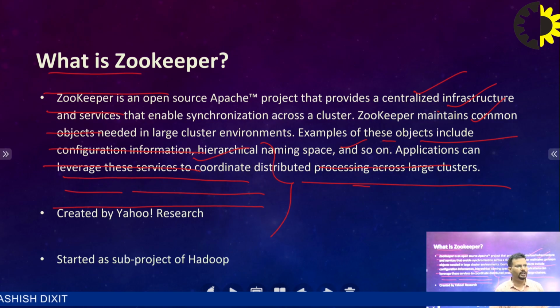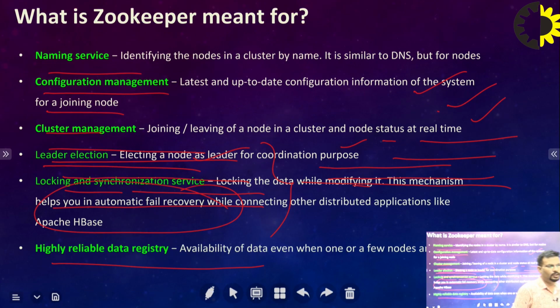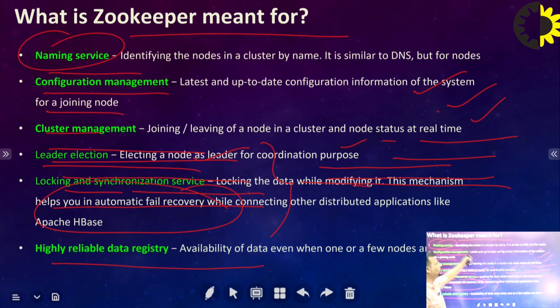ZooKeeper maintains common objects in a large cluster. Again, here we will consider what ZooKeeper is used for. ZooKeeper is used for naming services. The naming service identifies the nodes in a cluster by name, and it is similar to DNS but for nodes.